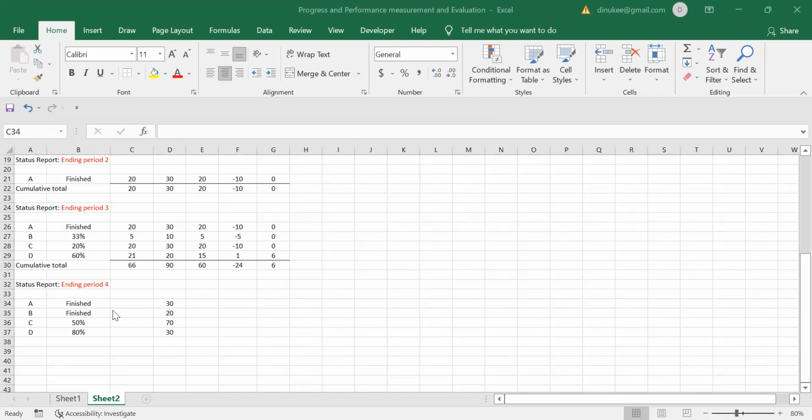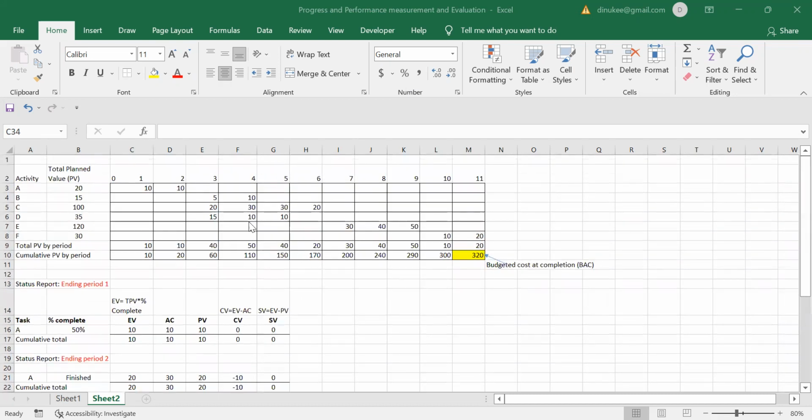Right. So at the ending period 4, with this schedule given, can you see the activity A is now already finished right here at ending period 4, means I am here now, right?